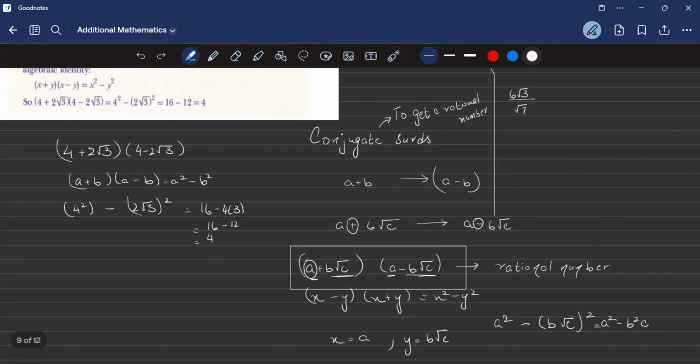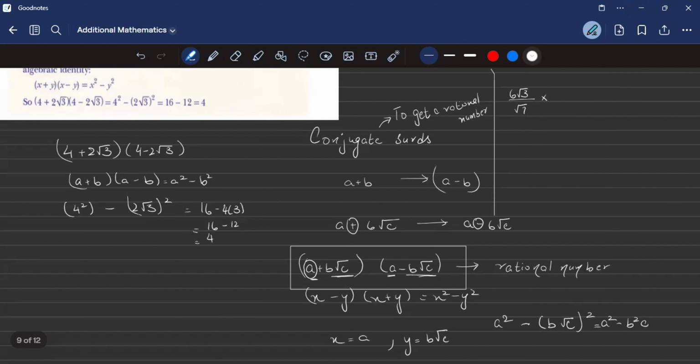Now, obviously, we can't just remove it and write 7 instead of under root 7. That would be practically wrong. So we change the upper value, 6 under root 3, so that it gives us the right answer. I hope you know that already because we have been doing this in, I guess, form 3.3 and 3.2, that we rationalize the denominator.